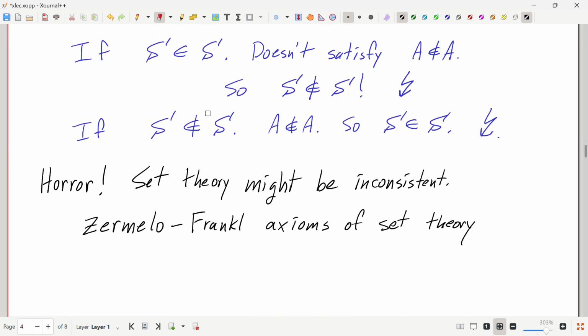So now people have calmed down since then and realized, okay, we just have to be careful about how big we let our sets get. Taking the integers and the power set and the power set and the power set doesn't get to the things that are big enough to make this problematic. And so the things we study in math, like the real numbers and the complex numbers, don't get big enough that you have to worry about this.